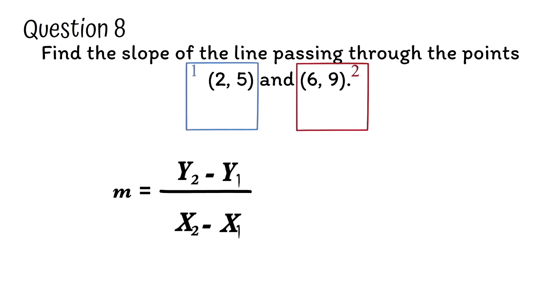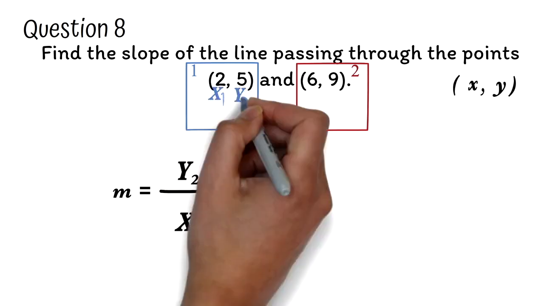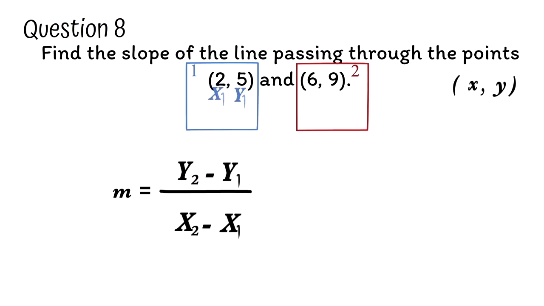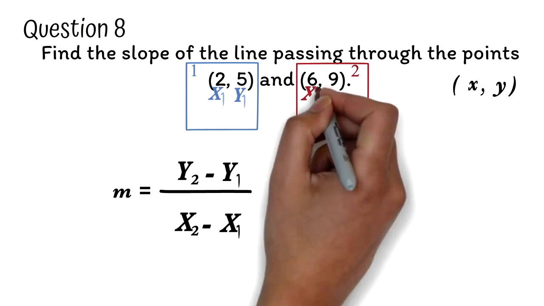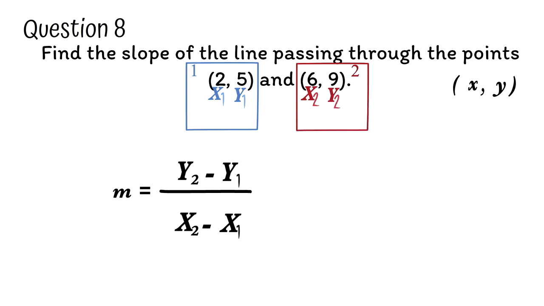When you have a point, the first value is your x, and the second value is your y. Since we are calling this point 1, we will have x1, y1 here. Same thing for this. Since we are calling this our point 2, we can call this x2, y2. We just put the values into the formula.